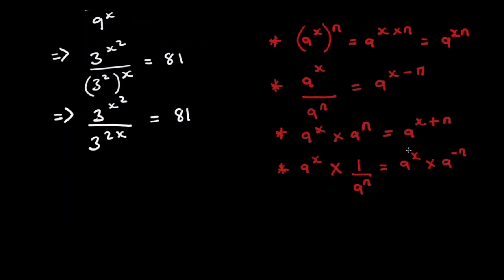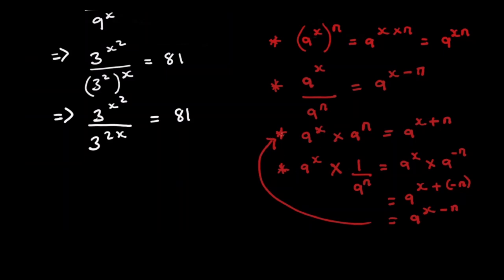And if we consider this law, this means our powers are going to add. So it's a to the power x plus minus n, which of course gives us a to the power x minus n, confirming this law of indices.